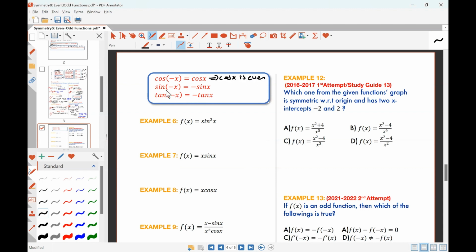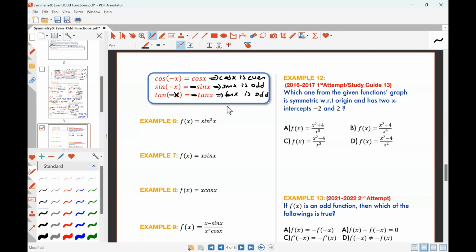For sine, the result becomes opposite, you have minus in front, which means sine x is an odd function. And by replacing x with minus x, the result for tangent also becomes opposite, so tangent x is also an odd function.